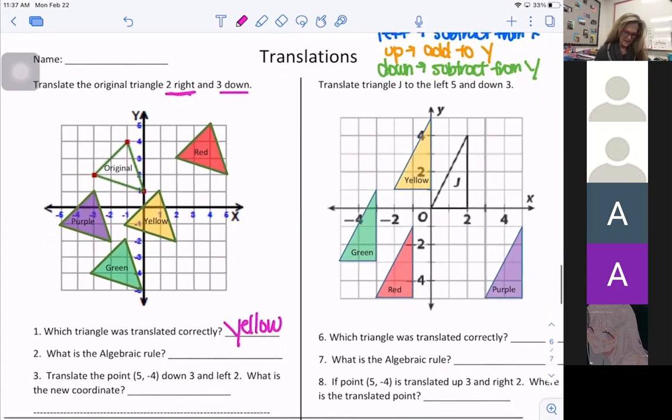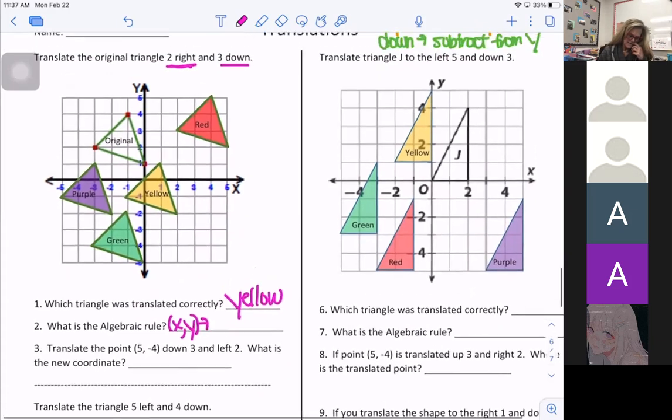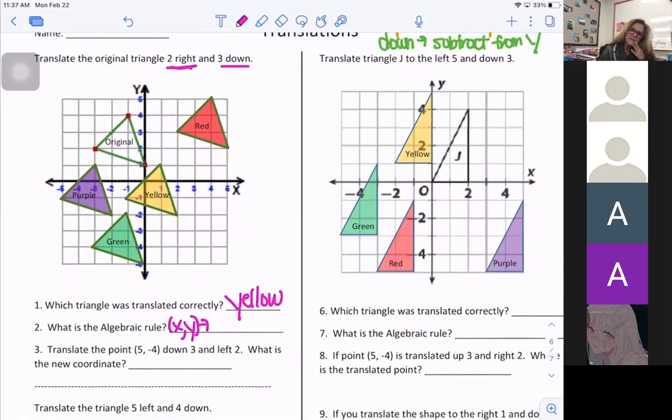What is my algebraic rule for this one going to be? Well, I know I start with (x, y). What happens to the x? I'm adding 2. So I'm going to have x plus 2.